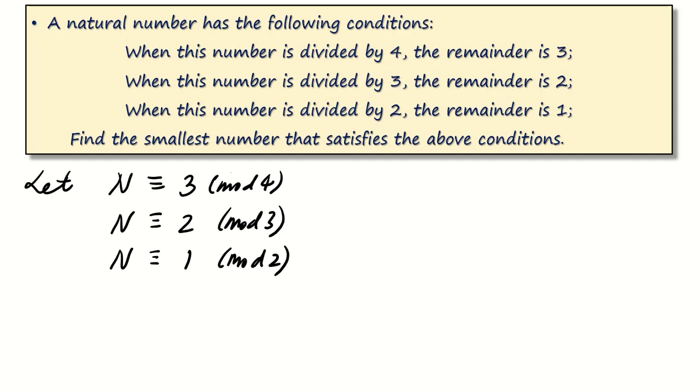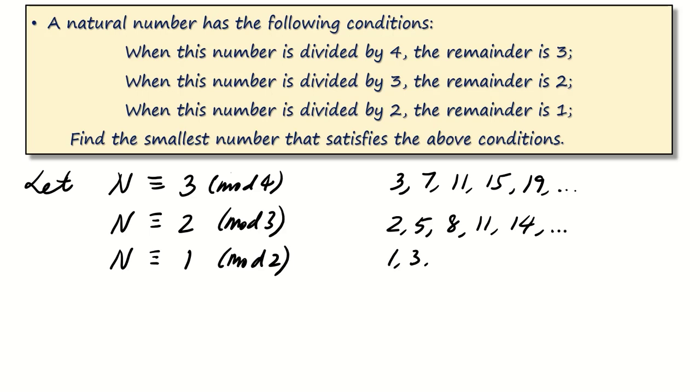The possible values from the first condition are 3, 7, 11, 15, 19, and so on. The possible answers for the second condition are 2, 5, 8, 11, 14, and so on. And the last condition just says that n itself is an odd number.